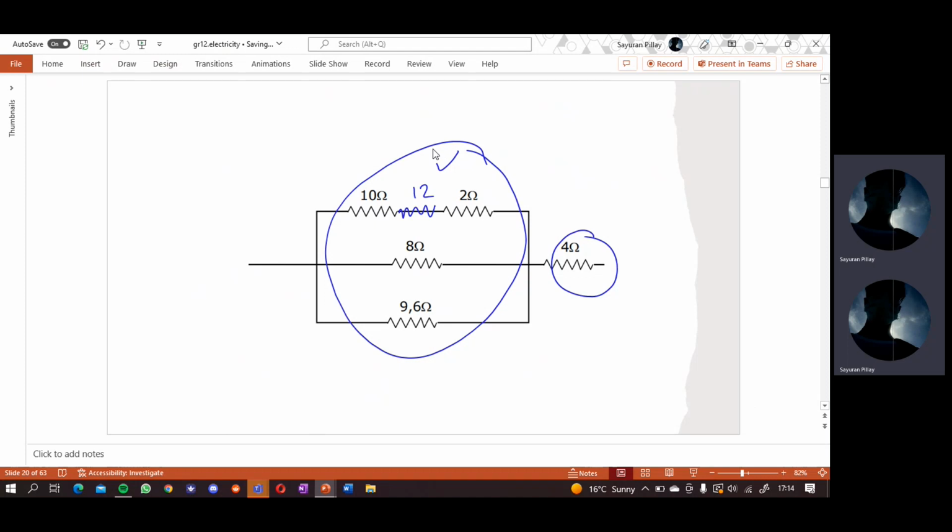The methods that are very, very important in physics. And then you invert that answer, and you get 3.2 ohms. And this is 4 ohms, so you add them together. Total resistance is 3.2 ohms plus 4 ohms equals 7.2 ohms, right?